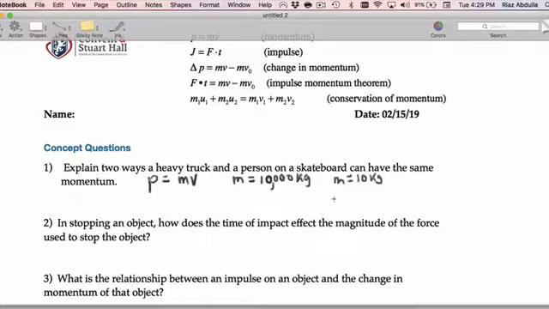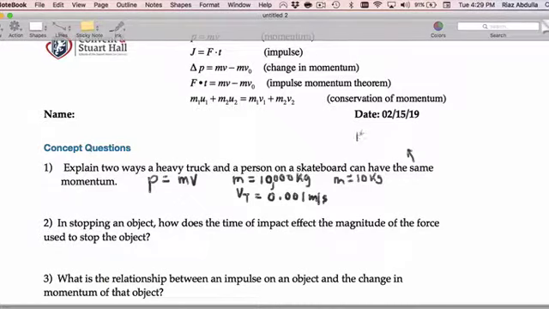Now, what's two ways that these objects can have the same momentum? Well, maybe we could make the speed of the truck something really small, like 0.001 meters per second. So it's going slowly, like a millimeter a second. How would a kid on a skateboard have the same momentum? Well, same literally means equal.